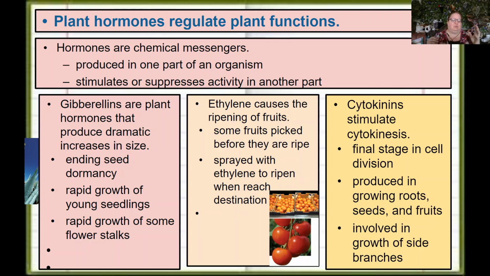Suddenly you have one banana that's starting to ripen, and then the next day they're all ripe, and you've got to eat them fast, right? Or else they're going to start going bad. And so plants will secrete ethylene, and that will be emitted by one fruit. Then the other fruit will receive that ethylene and ripen.